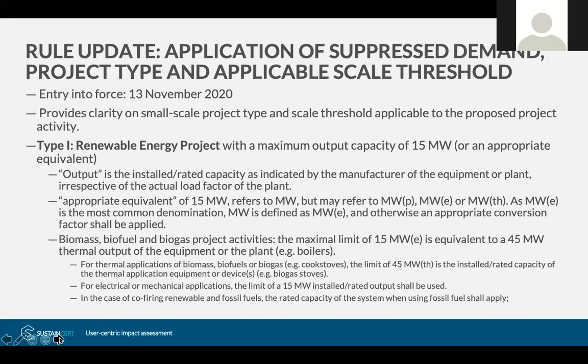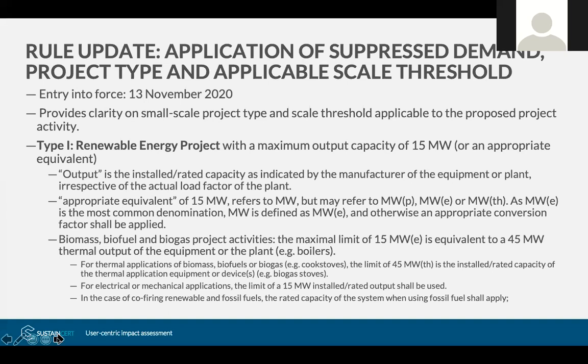Also, the appropriate equivalent of 15 megawatt here mostly refers to the megawatt electrical. But if there are other energy uses under type 1, then an appropriate conversion factor has to be applied.